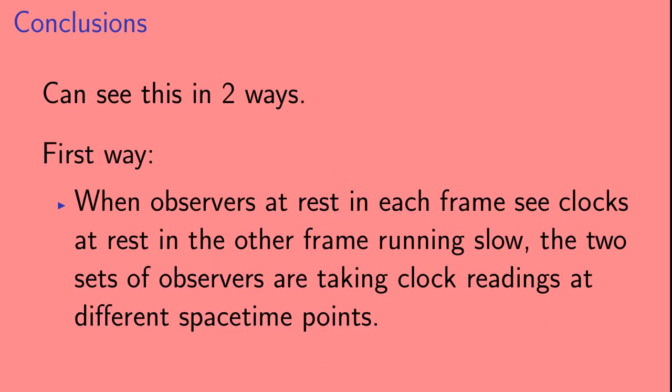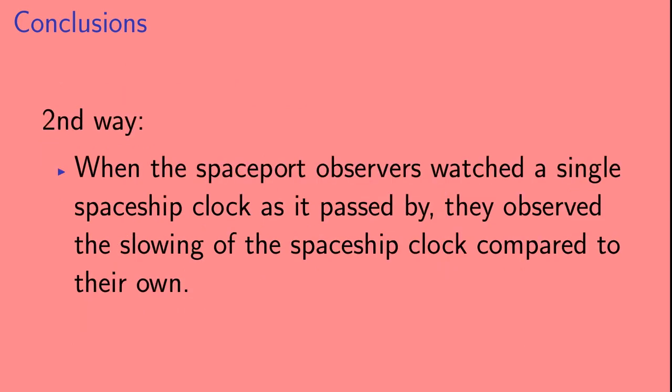We've seen this in two ways. First, we said that when observers at rest in each frame see clocks at rest in the other frame running slow, the two sets of observers are taking clock readings at different space-time points. Second, when the spaceport observers watched a single spaceship clock as it passed by, they observed the slowing of the spaceship clock compared to their own.